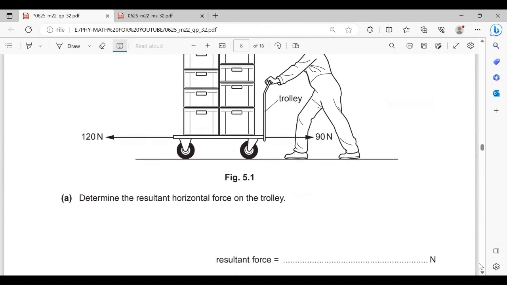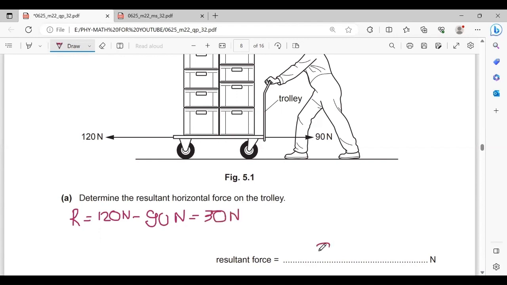Okay, the resultant R equals 120 newtons minus 90 newtons, equals 30 newtons.